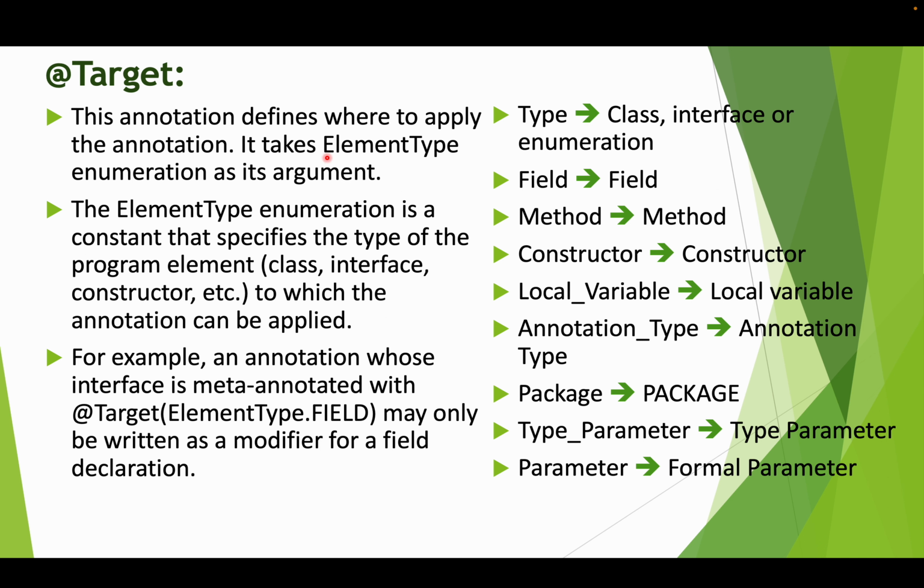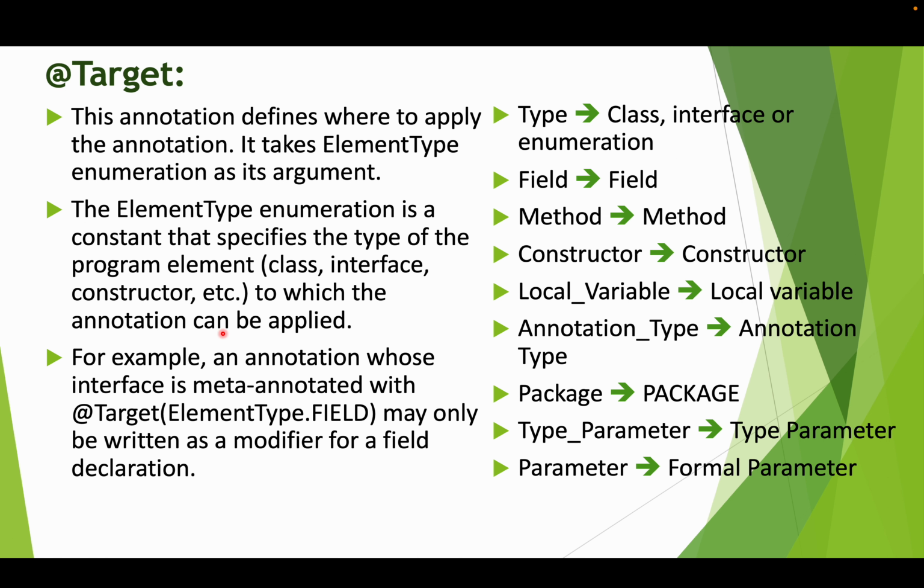The possible values of this ElementType enum are TYPE, FIELD, METHOD, CONSTRUCTOR, LOCAL_VARIABLE, ANNOTATION_TYPE, PACKAGE, PARAMETER and so on. So these are the values for this ElementType enum, and this @Target annotation takes this ElementType enum as its argument.